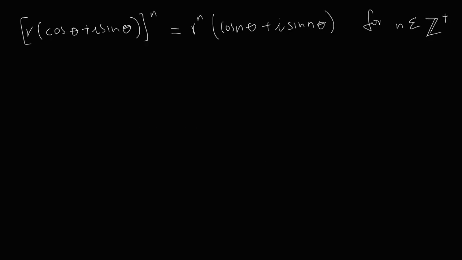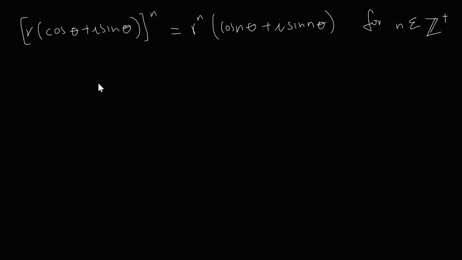It states that if you take a complex number and raise it to some positive integer n, that would be the same as raising r to that value, and also multiplying the angle theta by that value.